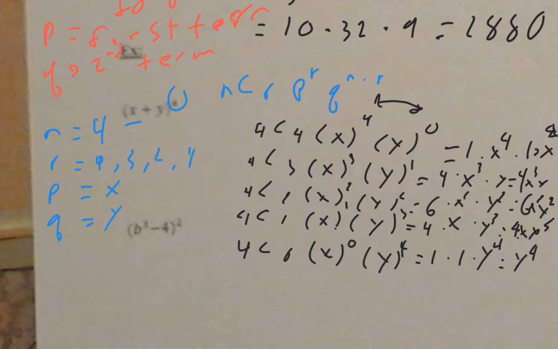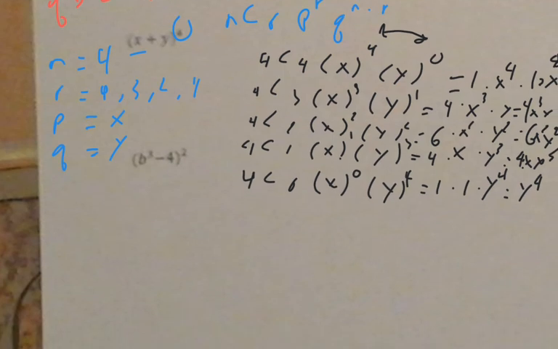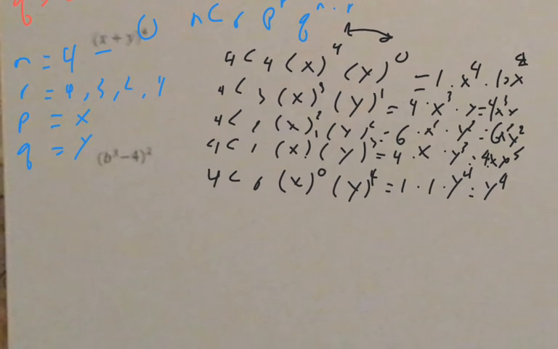So I'm not done here. You have to take everything that we got and put it all together. This was x to the fourth up here, so we have x to the fourth plus 4x cubed y.